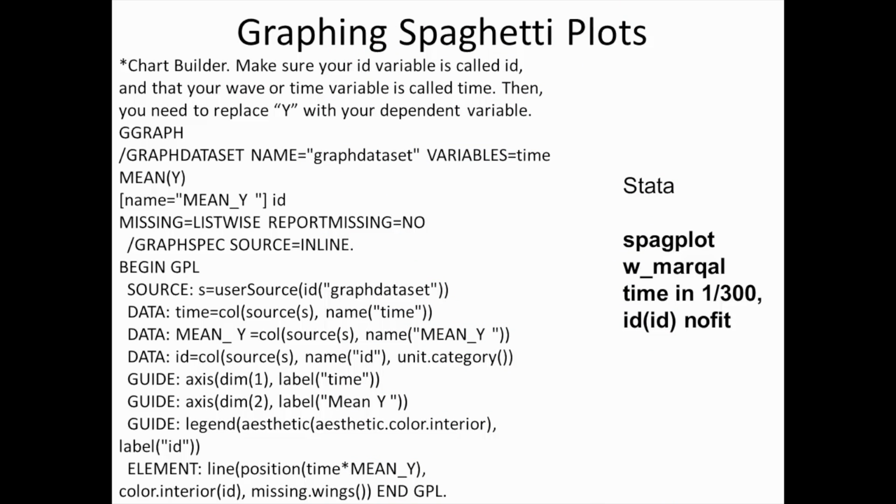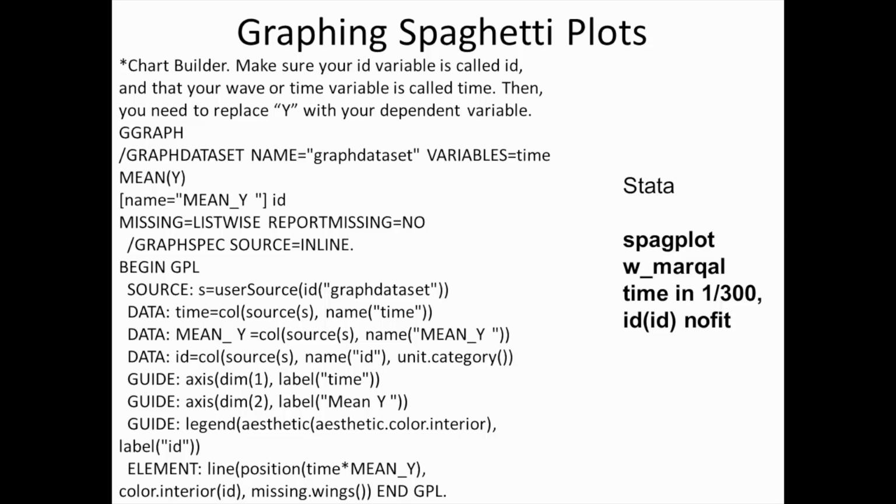Once it's stacked, we can then use this syntax in SPSS here on the left and Stata here on the right. And you would change out the y with the dependent variable there in the SPSS syntax.